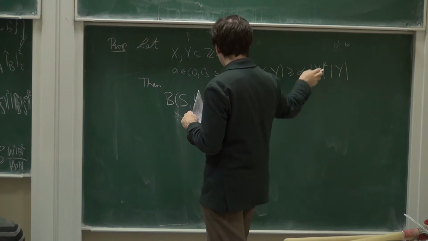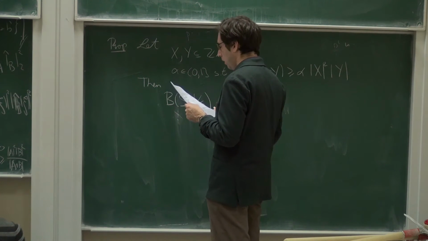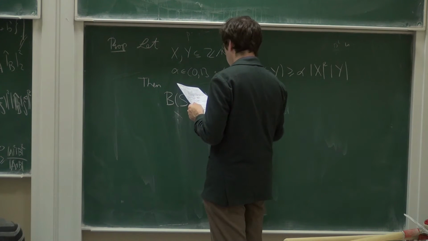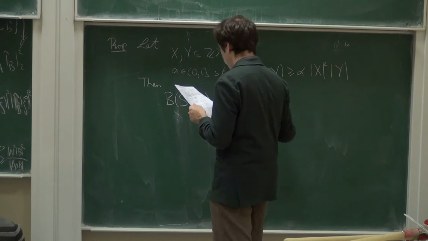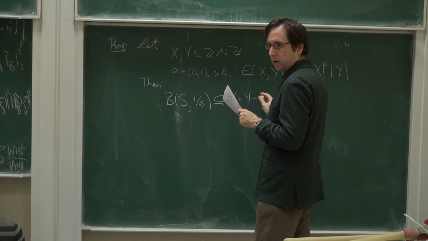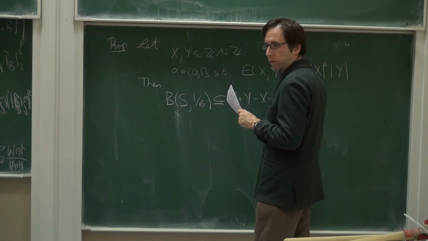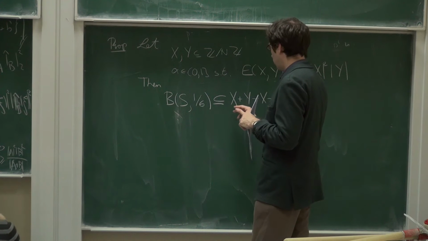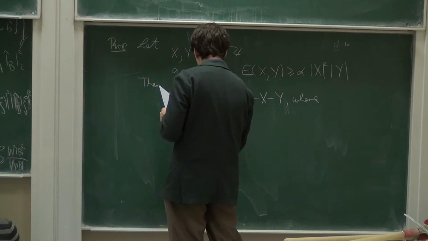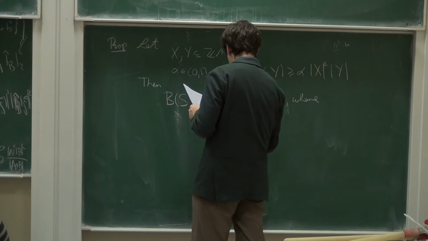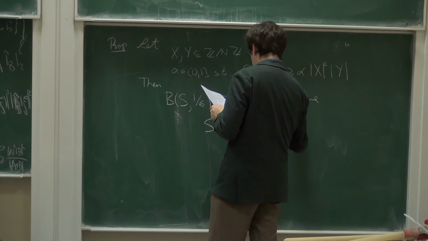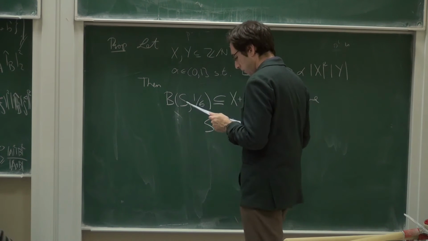Well, for these two sets with relatively large energy, we have that a Bohr set is going to be contained in X plus Y minus X minus Y. By now it's completely clear what this means, right? This just means the set of all combinations of the form an element of X plus an element of Y minus an element of X minus an element of Y. What is S? S is the spectrum of X at level alpha, with the Bohr radius given by the square root of alpha over something.